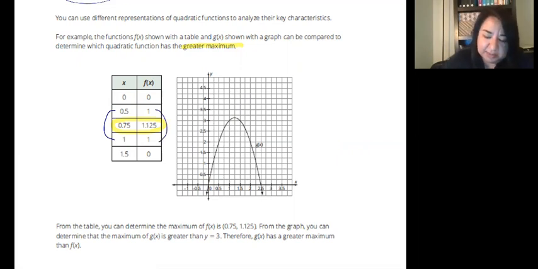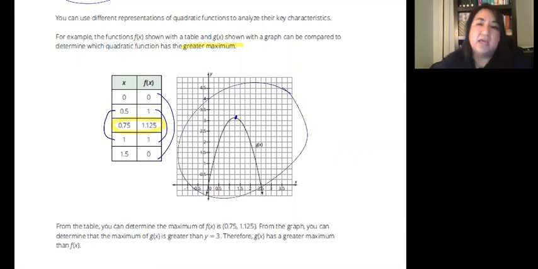That means I see symmetry around that one point. I can look at my graph and see that my vertex is at x equals 1 1/4, and I can see my y value is greater than 3. So already g of x has a greater maximum than f of x.